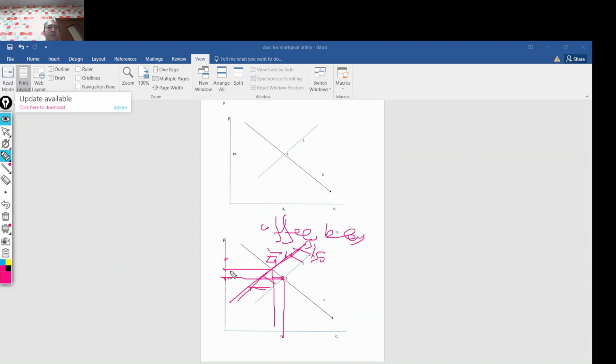Compared to the old point, the price will go up. So your new point E1 will have price increasing, and your new equilibrium will have a lesser quantity of goods supplied. So quantity from here to there is decreasing.